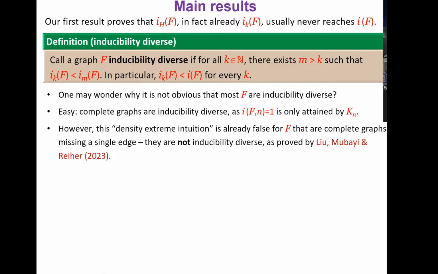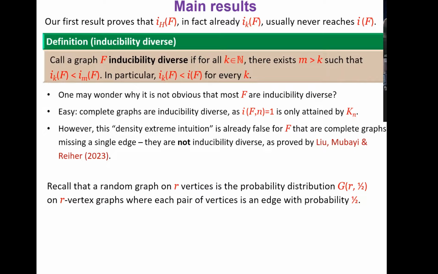They actually proved that these graphs are already not inducibility diverse. For K100 missing an edge, there will be some K, perhaps 10,000, such that if you limit yourself to not containing K_10,000, this already suffices for the inducibility.